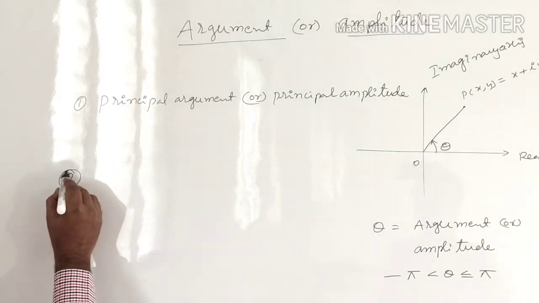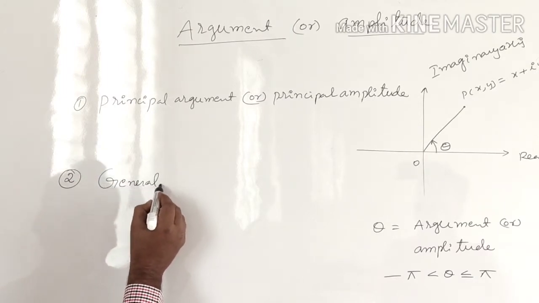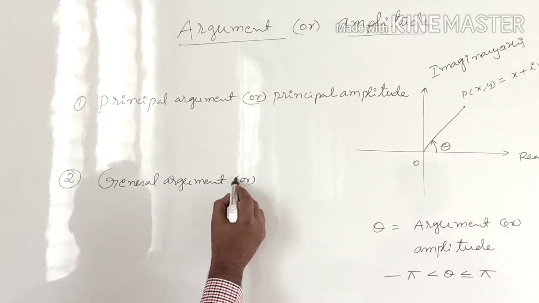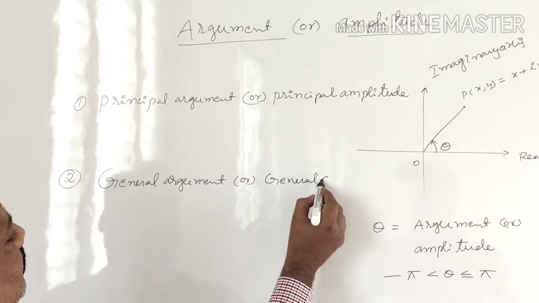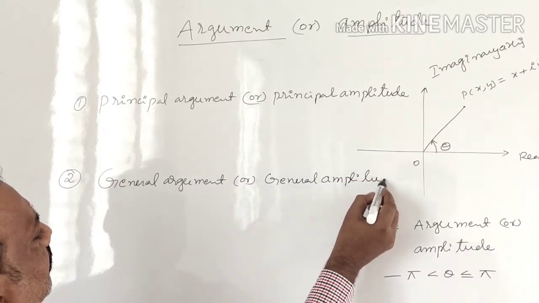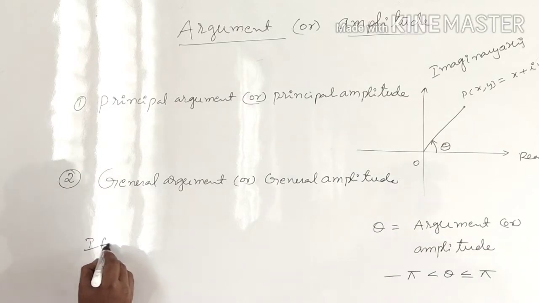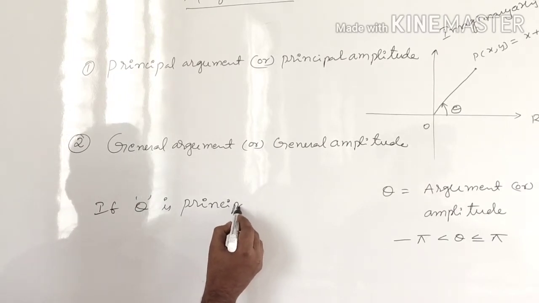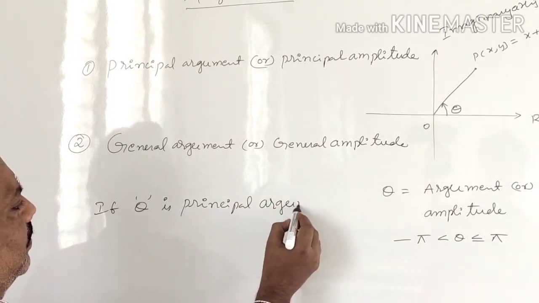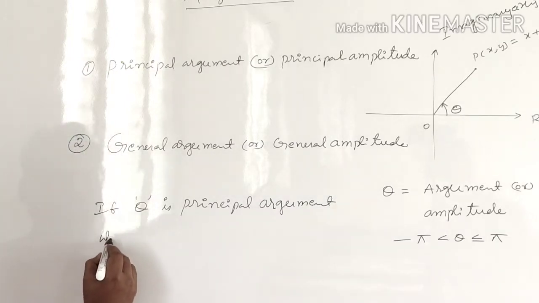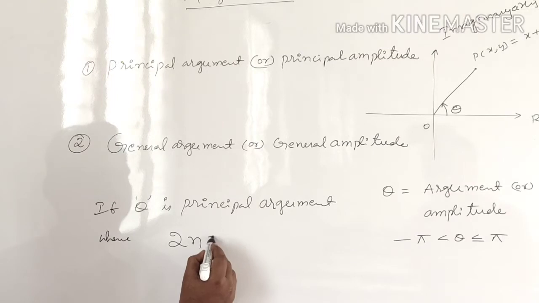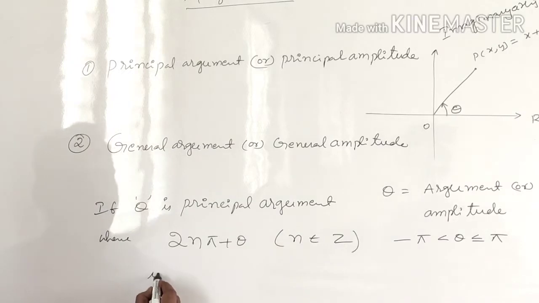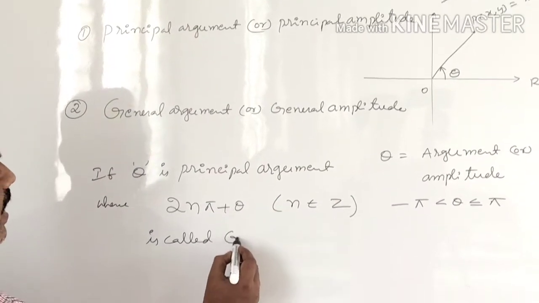The second one is the general argument or general amplitude. If theta is the principal argument, then 2n pi plus theta, where n is an integer, is called the general argument.